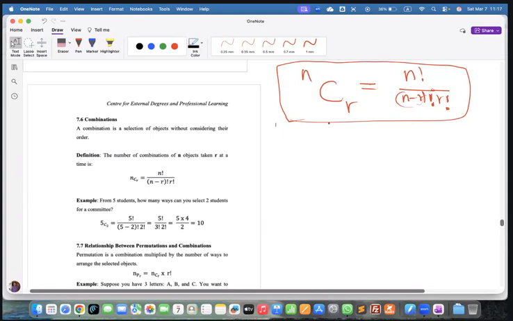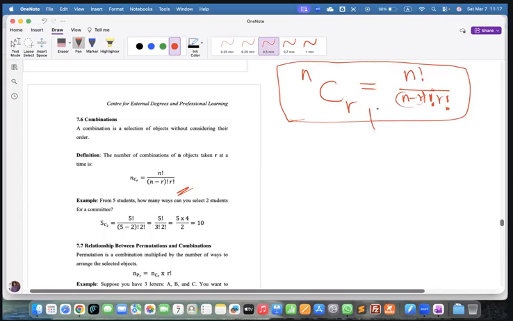We only consider who the people included in that group are. That type of question we consider a combination question. So this is the equation nCr, n factorial over n minus r factorial into r factorial, right?